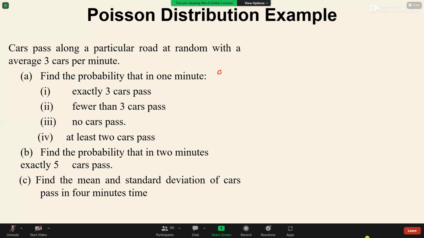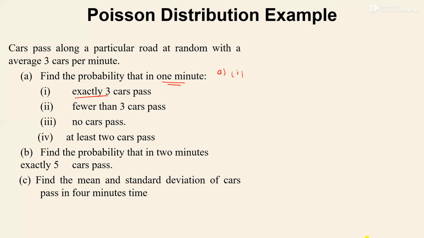Then part A, exactly 3 cars in 1 minute time. So how can we write it in notation?